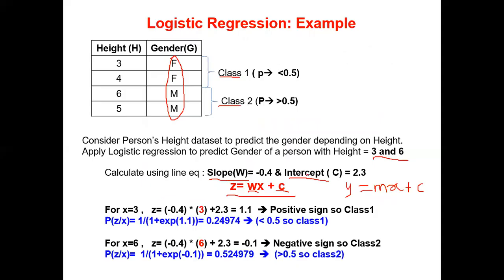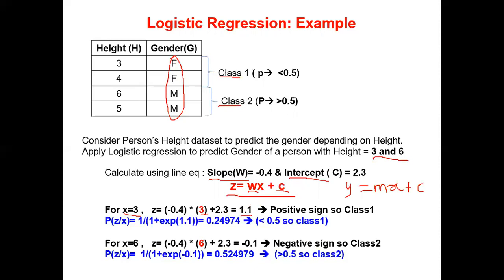Once you calculate slope and intercept, you can use them to calculate the value of z for the given query point. My first query is 3. For 3, z equals minus 0.4 into 3 plus 2.3. Minus 0.4 is my slope, 3 is my query x that we put into the equation of the line, and 2.3 is my intercept.